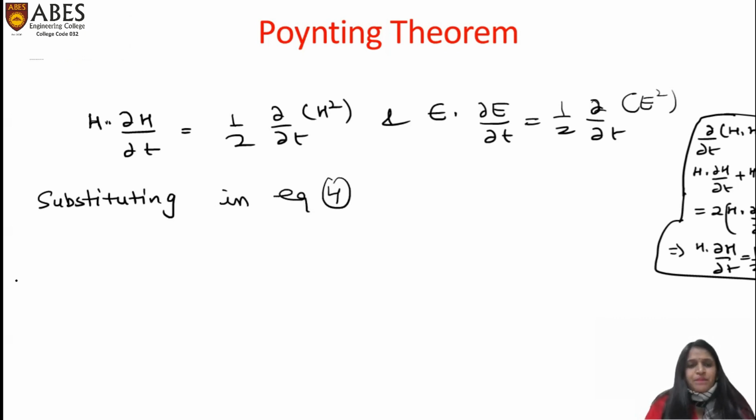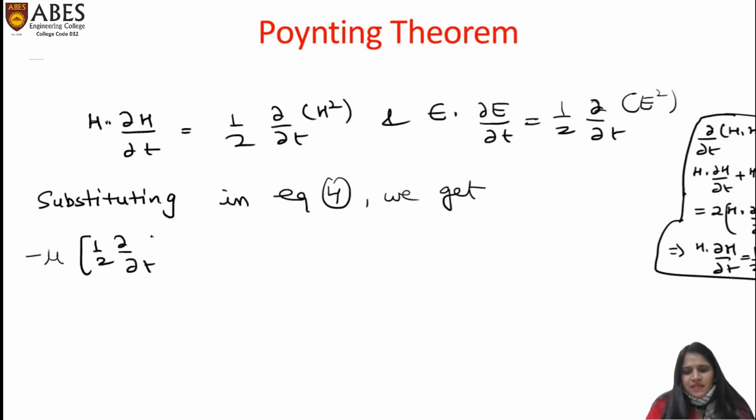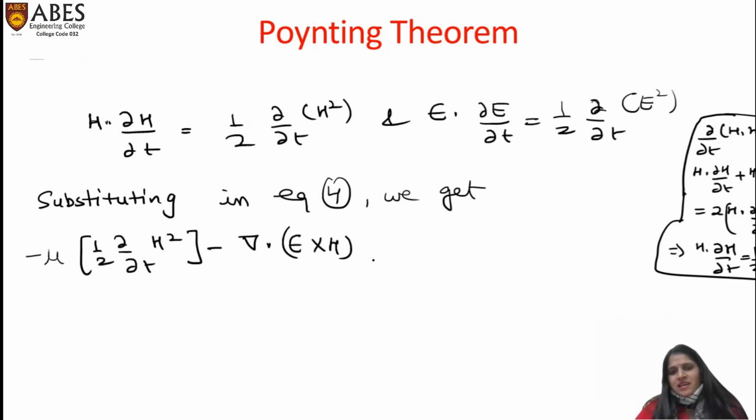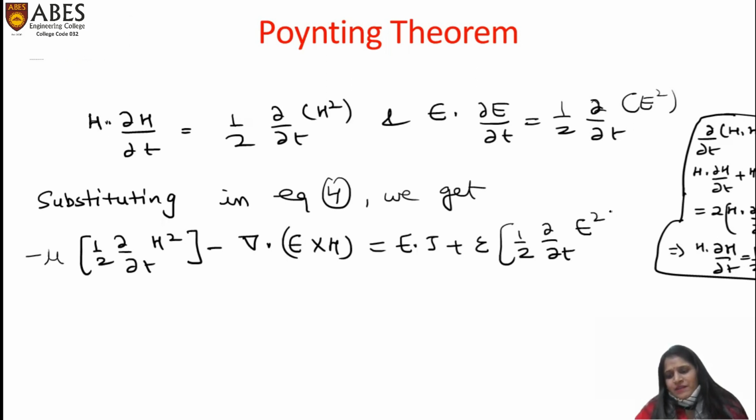We get minus mu 1 by 2 del by del t h square minus del dot E cross h is equal to E dot j plus epsilon 1 by 2 del by del t E square.